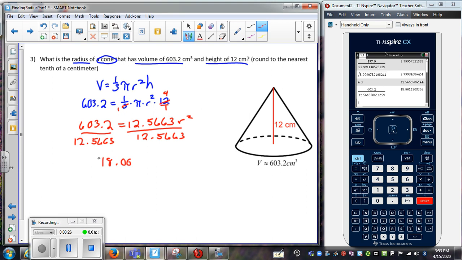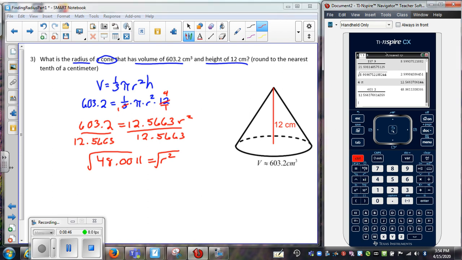All right, so that would be 48.0011 is equal to r squared, and I'm going to take the square root of both sides. So again, I think what I'm going to do is hit my square root symbol. I'll use my answer function if I can.